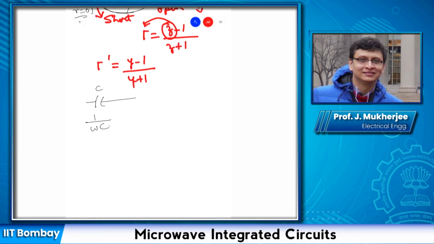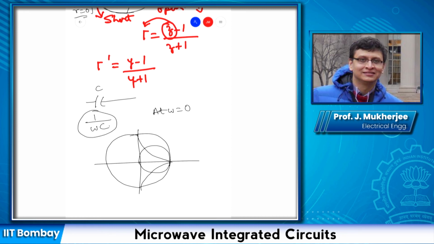So once again, if we draw our Smith chart, okay, so at omega equal to 0, the reactance is infinity. So R equal to 0, x equal to infinity, which point is it?